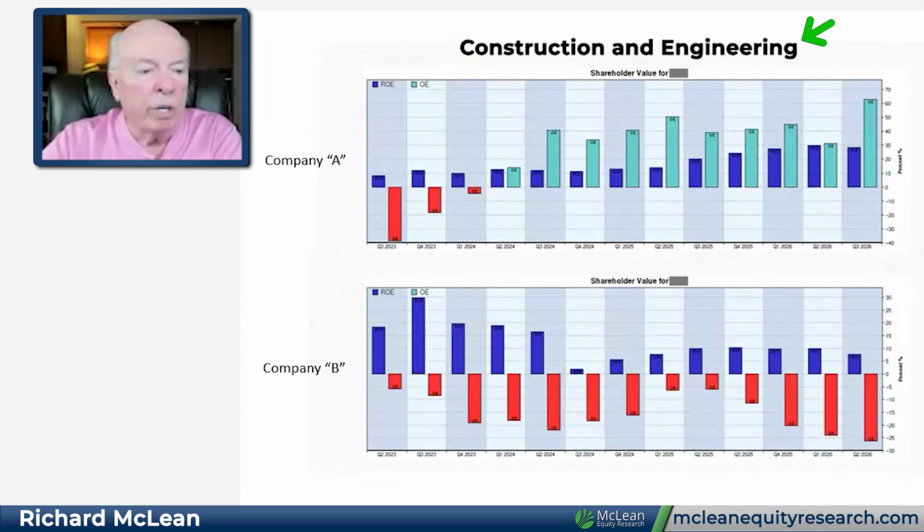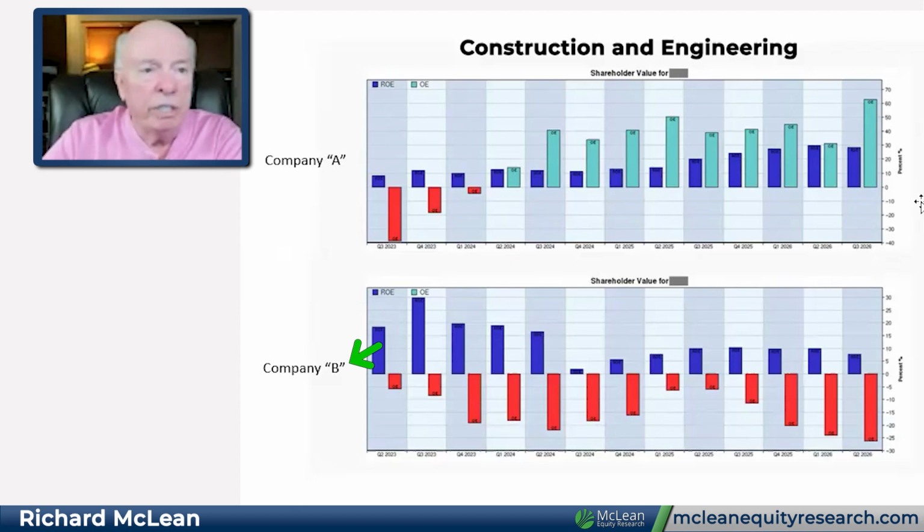Here, this construction engineer industry, we have 28 recommendations. Right now, company A is ranked number 3 in the industry. Company B is ranked number 21. Believe it or not, there are 7 companies worse than company B in this industry.